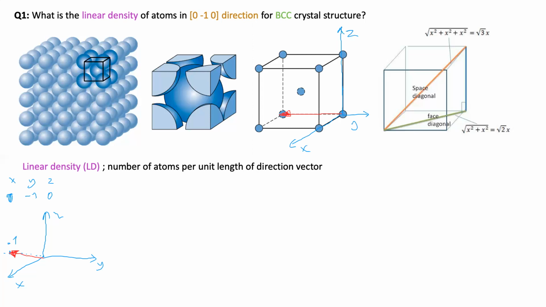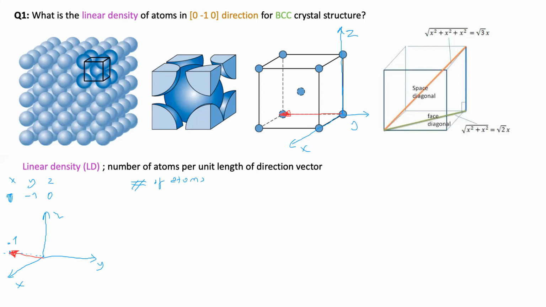Normally the linear density was defined as the number of atoms per unit length of the direction vector. Let's proceed with that definition. First we need to find the number of atoms on the unit length of the direction vector.